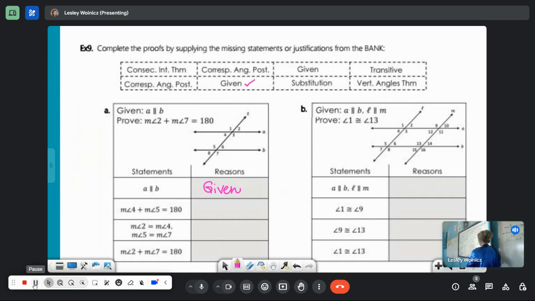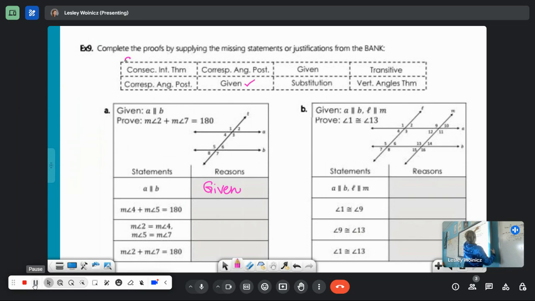All right, how do I know that the measure of angle 4 plus the measure of angle 5 is 180? Okay. Where is that one? Remember how we said that sometimes people would call same side consecutive?